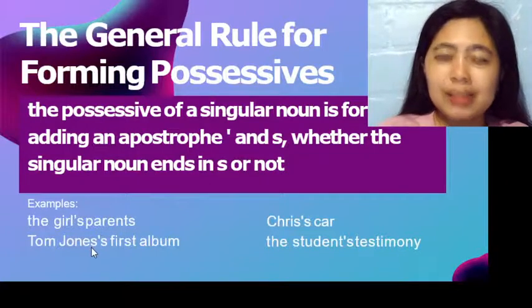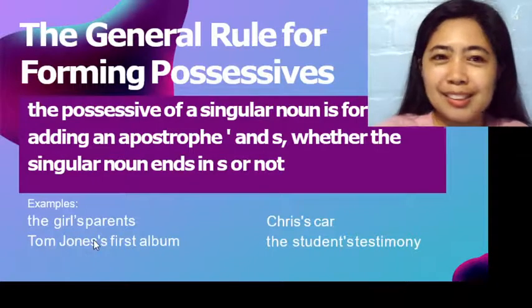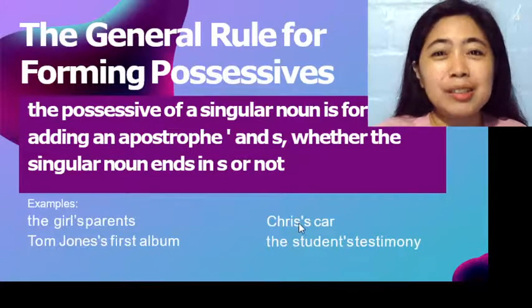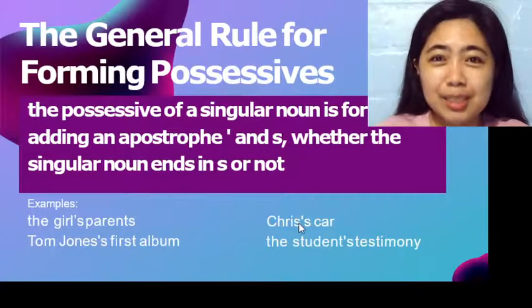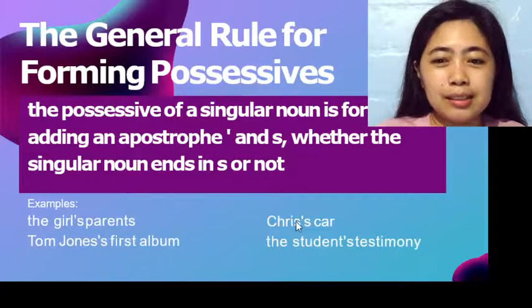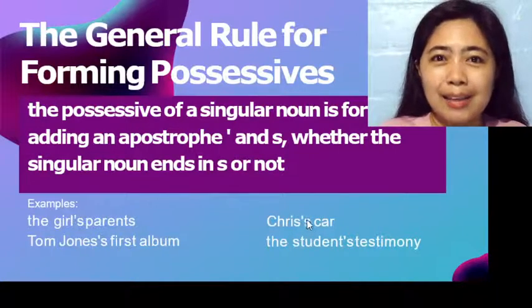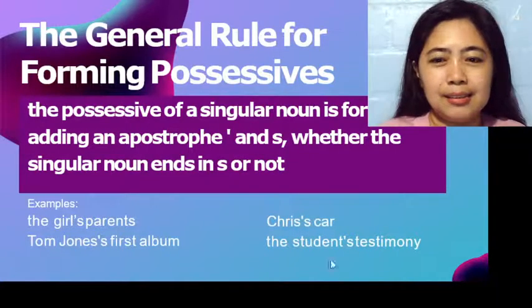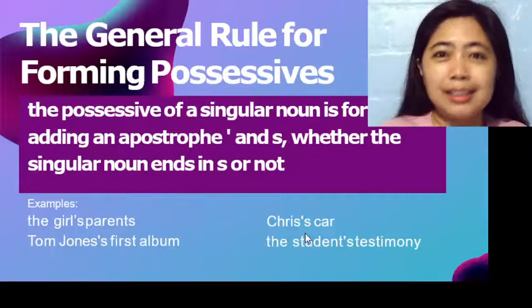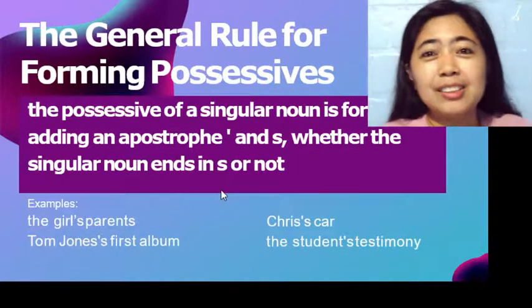It's singular, it just has an s in it. Just like the name Chris, a singular person, only one person, but it ends in s, so it's still singular. That's why we still add the apostrophe and the s. The student's testimony, student is basically singular. So that's the general rule.